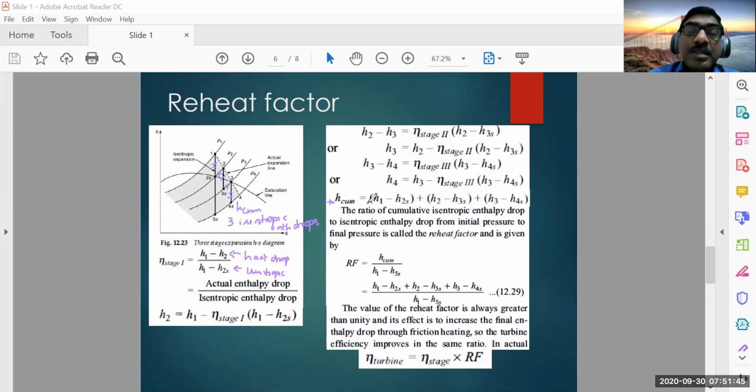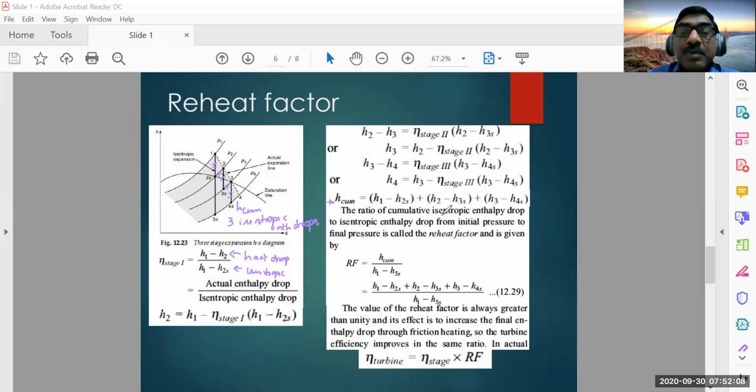If you take each individual stage's enthalpy drop and add them, then you will get the H cumulative. And 1 to 5s is direct, without any stages. One single stage only you are directly taking.